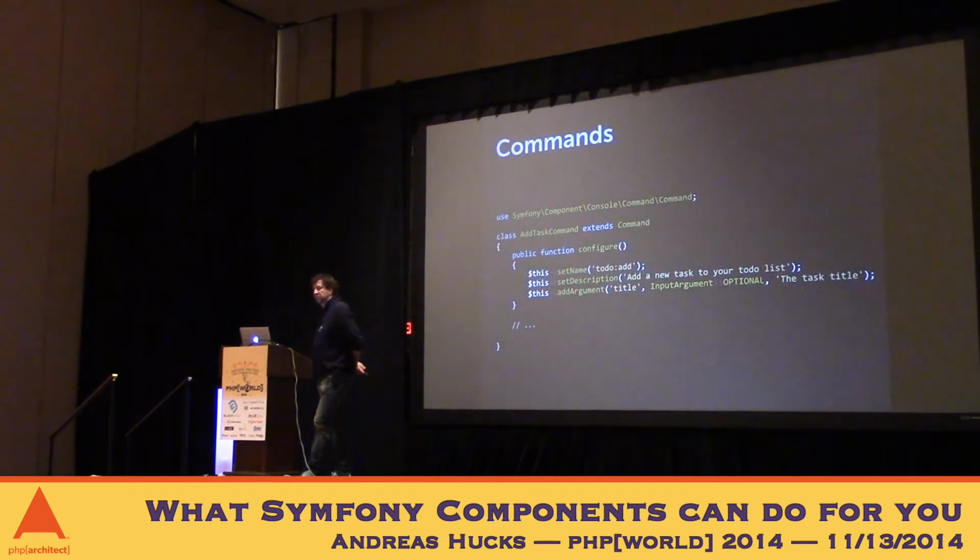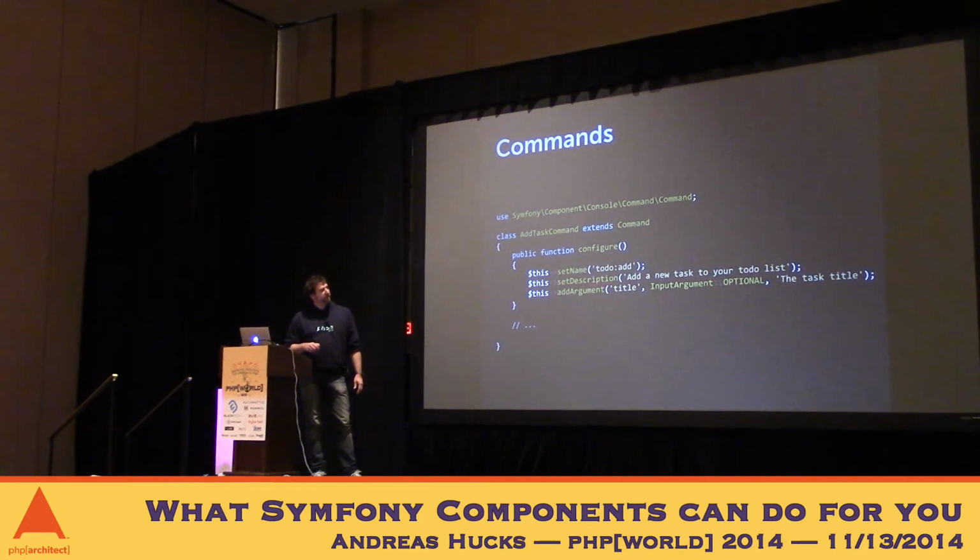To do that, all I need to do is extend a base command class. The command class that I'm writing then mainly consists of two methods. The first one is configure, which tells Symfony what options are allowed, what arguments are allowed, the help text, and so on. In this case, I'm calling this todo:add.